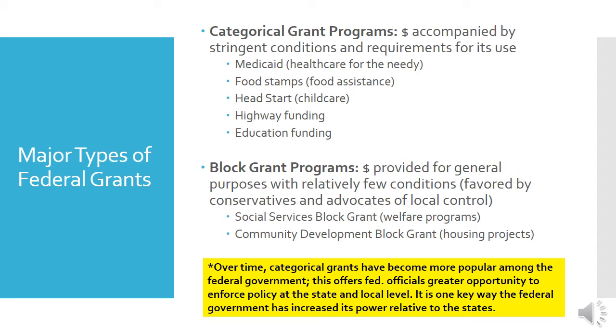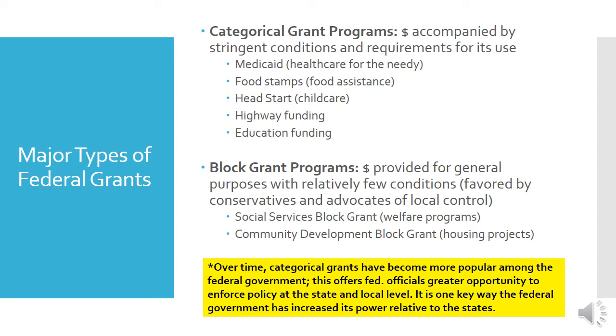So over time, just a note to add to this, categorical grants have become more popular among the federal government because this is what the federal government can use to enforce policy, to enact some of its policy objectives at the state level. So they can take an issue like public education or highway funding that's not really specifically a delegated power of the national government.